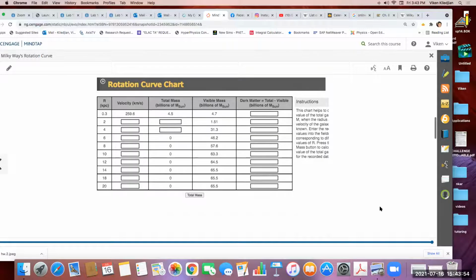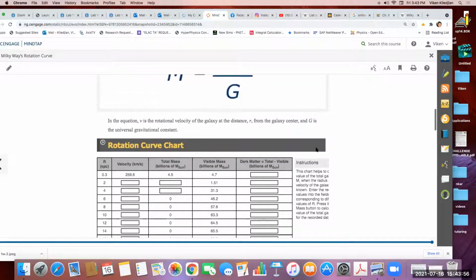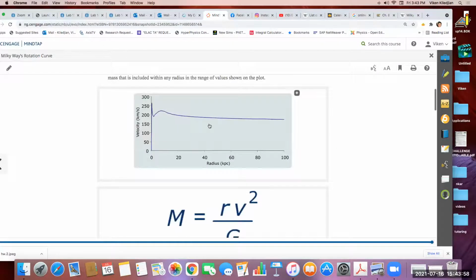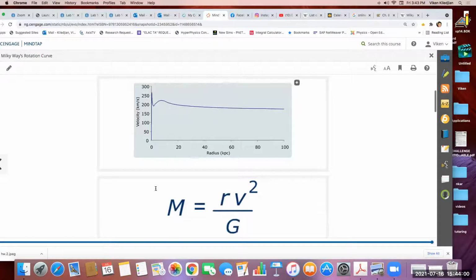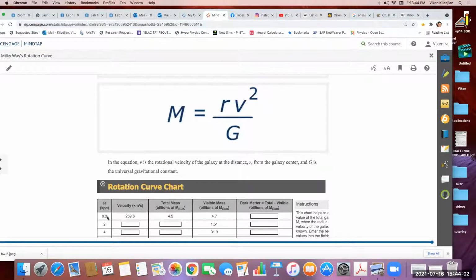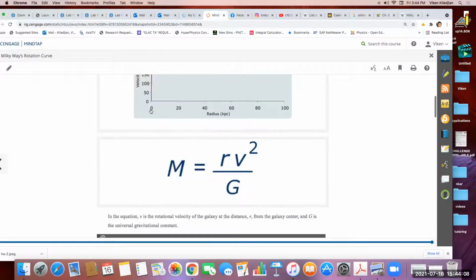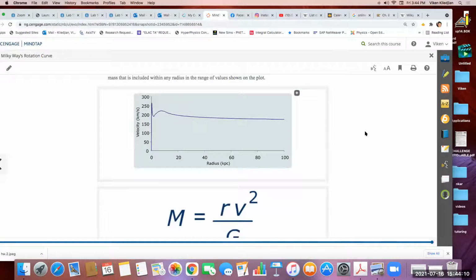When I press now, it probably should say nothing, you know. So you have to then go up here to the curve that they gave you, and you have to say, okay, they already filled out one of them for you. When the radius is 0.3, the velocity is 259. See, that's probably right at this point right here. So what I'm going to do is enlarge this, and maybe even take a picture of it.